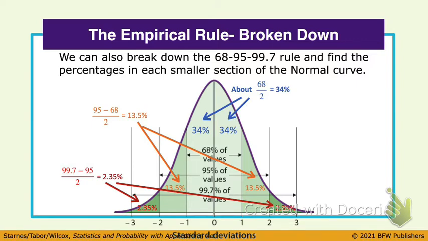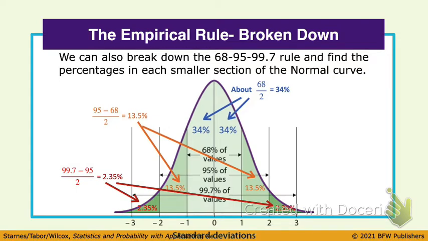Same thing. Take 99.7, because that's 3 standard deviations, and subtract 95, because we've already labeled that middle 95 that's within 2 standard deviations. Divide by 2, and I get 2.35%. Have we labeled the entire distribution?